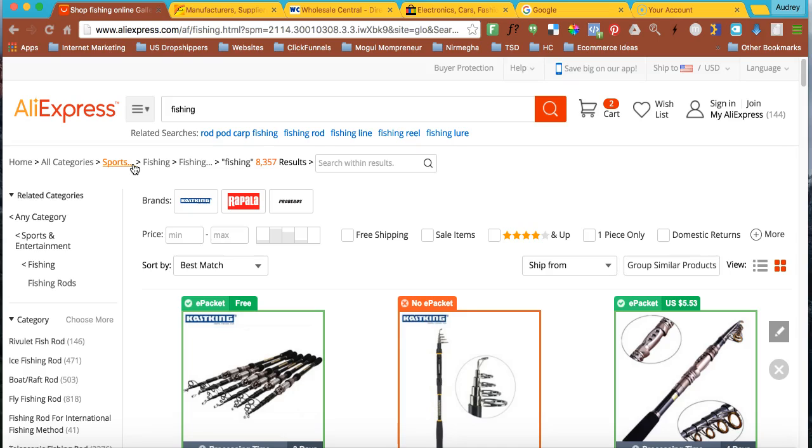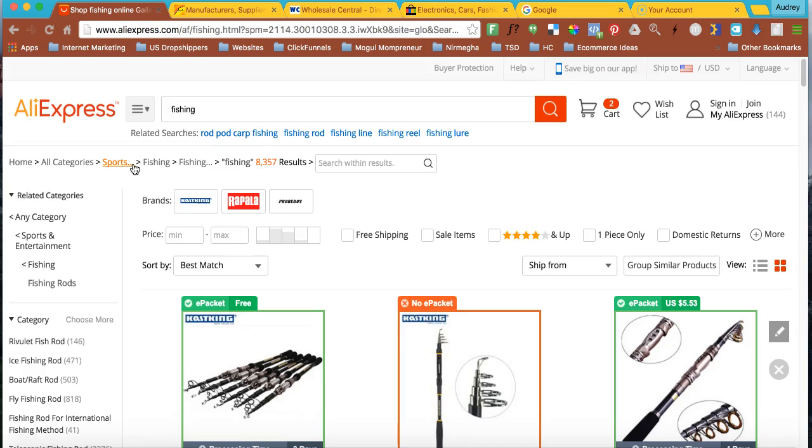Now, ePacket shipping is typically going to be their fastest shipping method outside of FedEx or DHL. So typically with FedEx or DHL, you can get a product turned around in maybe 3 to 5 days, but there's going to be a large cost associated with that makes it unaffordable.